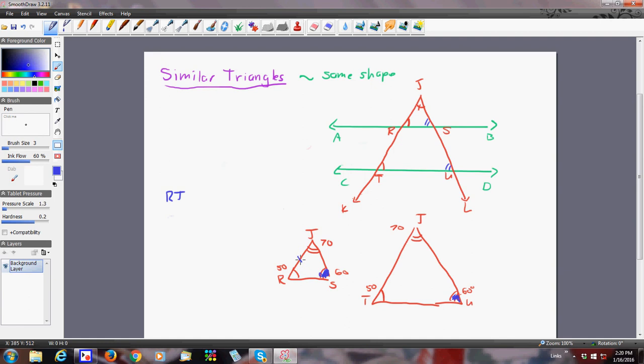So I can say RJ over TJ is equal to JS over JU, and that's also equal to RS over TU.